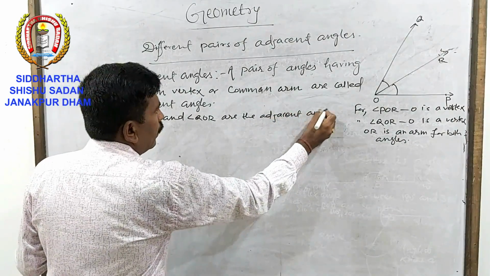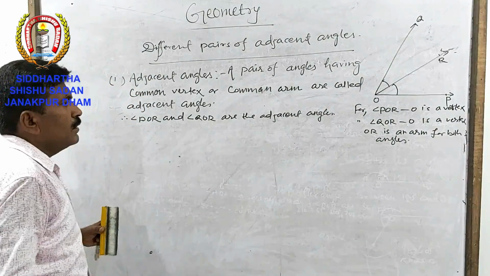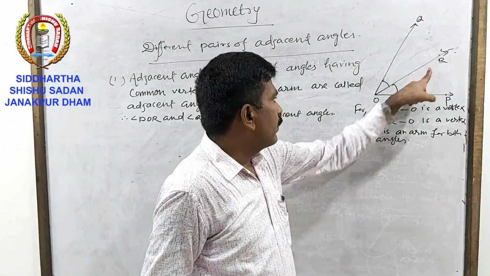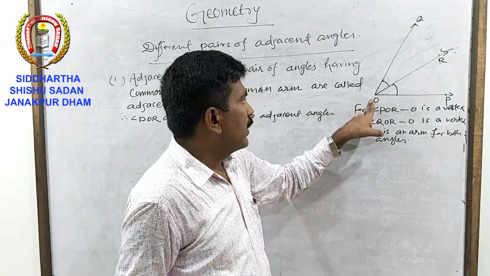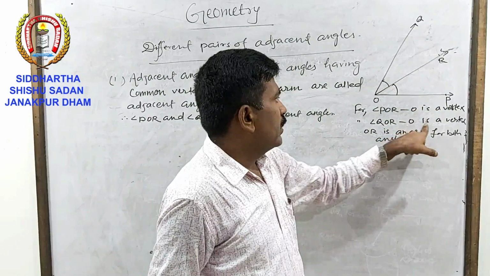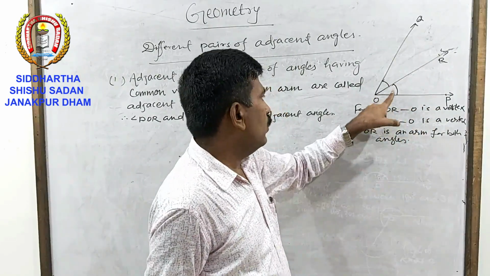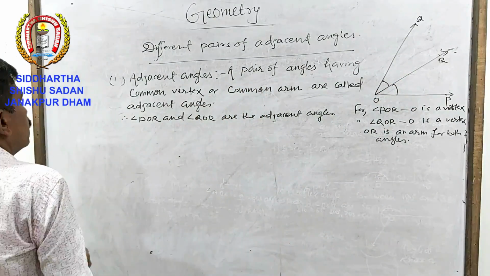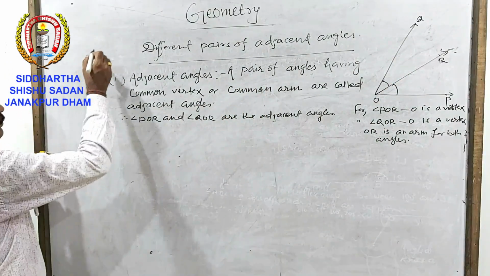adjacent angles, because I have written here angle POR, O is a vertex. For angle QOR, O is a vertex. That means O is common for both. Similarly, OR, because just we have discussed.